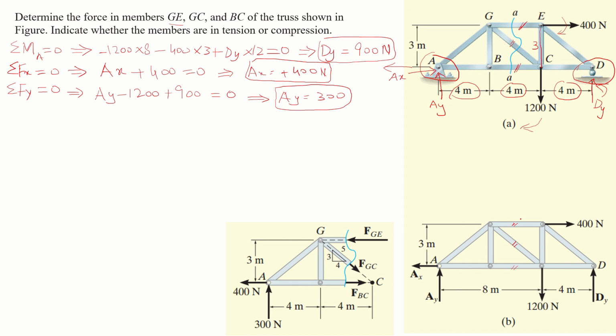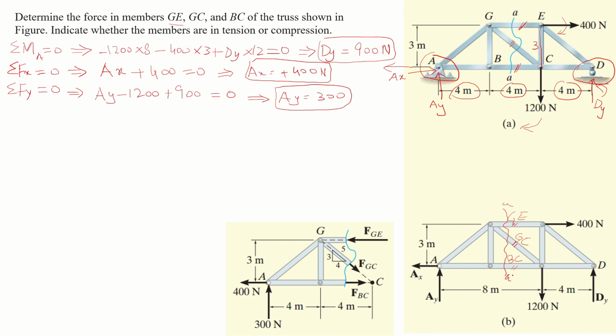This member is GE member, this is GC, and this is BC. So we have now a section, and we have cut this truss to this section A and A.